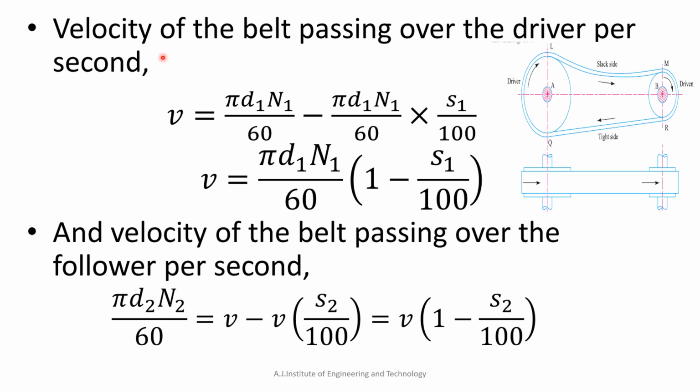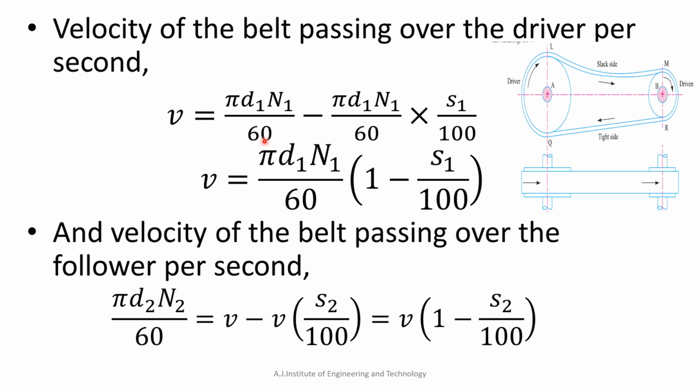Next, the velocity of the belt passing over the driver per second. This is the driver. What is the formula for velocity? Pi d1 n1 divided by 60 meter per second.